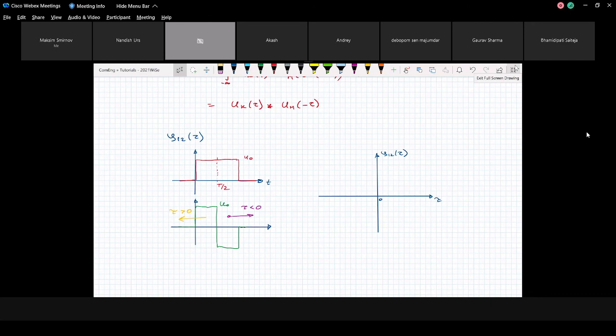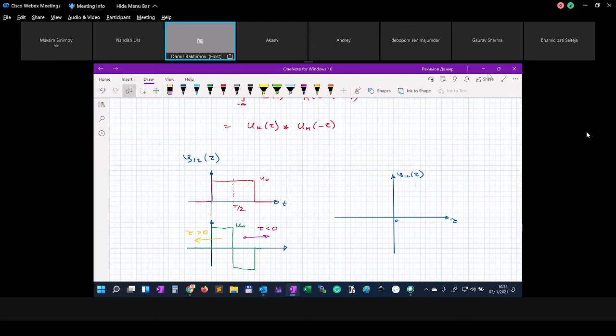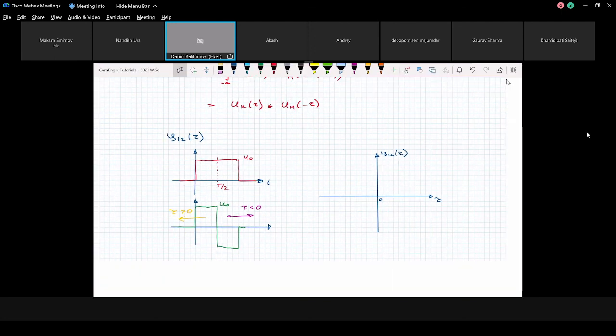Zero. Yes, zero. Why? Again, we just take each half separately. If you take the half from 0 to T/2, you multiply the positive part by the positive part of the first signal, and the result of this integral will be U0 squared times T/2.